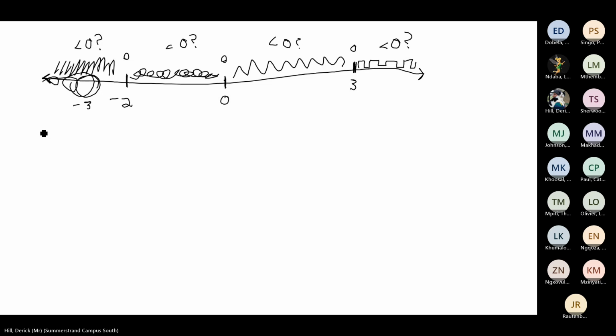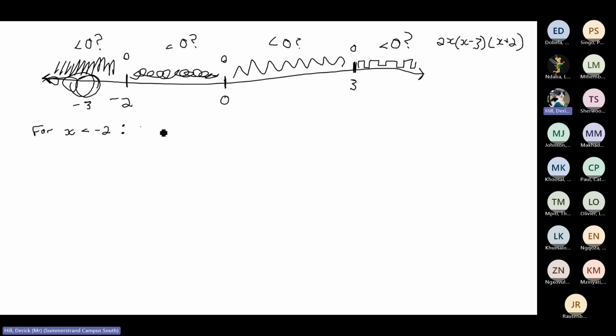So that means for x less than minus 2, I'm going to check. Let's write the equation in the corner here. So currently I've got 2x, x minus 3, x plus 2.